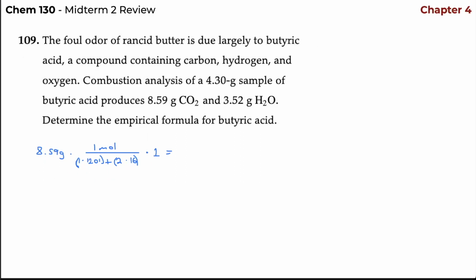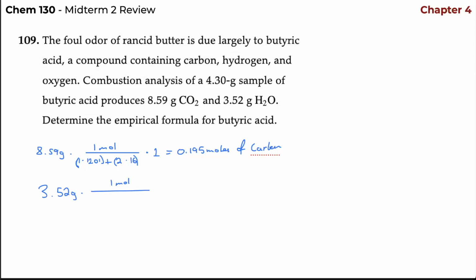And if we take that, that is going to be 0.195 moles of carbon, right? I don't know why I wrote out the whole thing. I probably shouldn't have. All right, then we're going to take 3.52 grams of H2O, and we're again going to divide it by its molar mass.